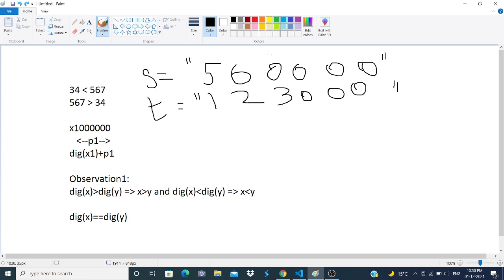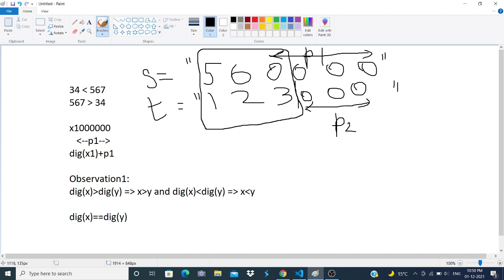Why? Because let's say this was my p1 over here, and this was p2 over here, right? We only need to compare this part of the string.